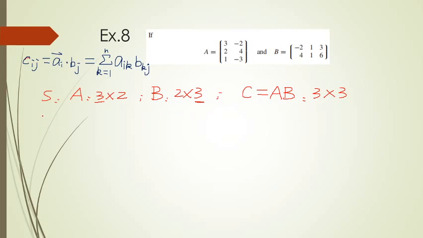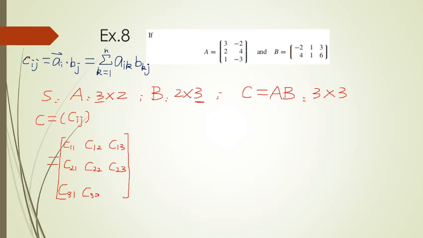So for the matrix C, we can write it in this way. Cij equals, so it's 3 by 3, right? So we have C11, C12, C13, C21, C22, C23, C31, C32, C33.